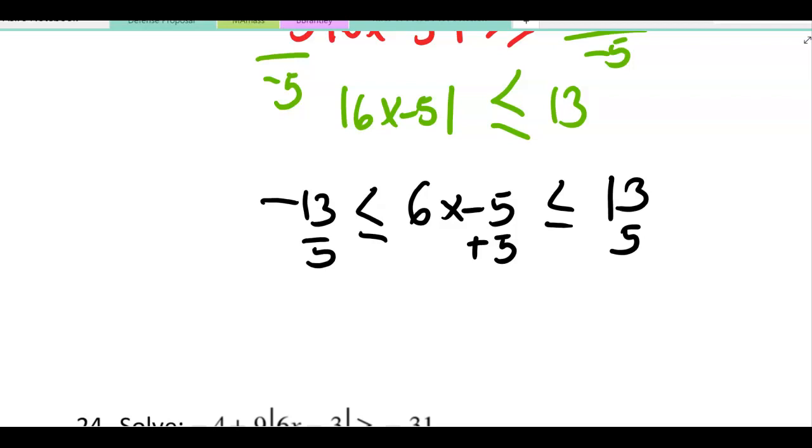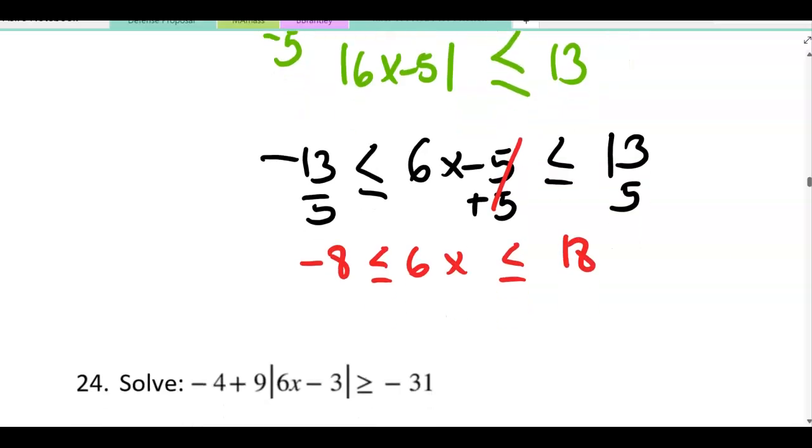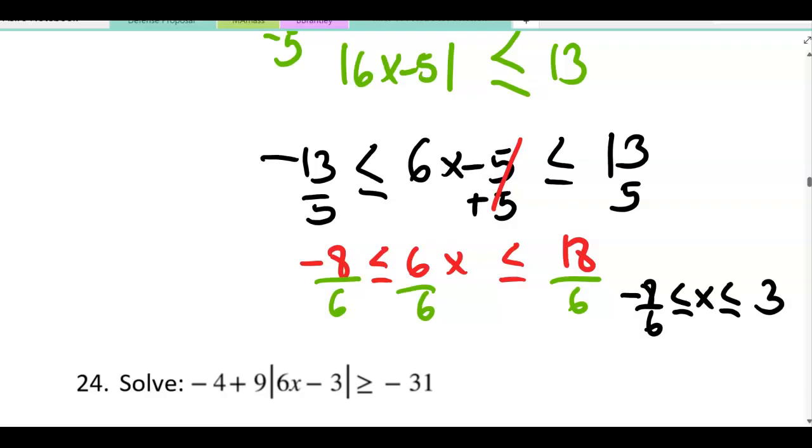Okay, I messed up here. So we're adding 5, so that will be -8. Okay, all right, so that will be 18. And then we divide by 6. So that will be -8 over 6 less than or equal to x less than or equal to 3.